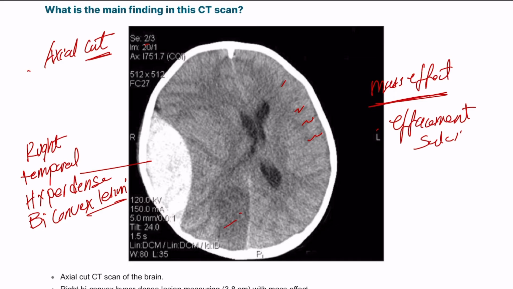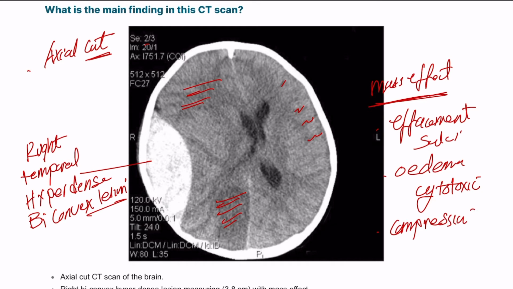The other thing is you can see some sort of a change in color around this, and this is edema. And the edema here is called cytotoxic edema. There is also compression of the ventricles and the midline shift. So that's all of the mass effect. And this is how you always are supposed to present a CT scan or MRI brain.